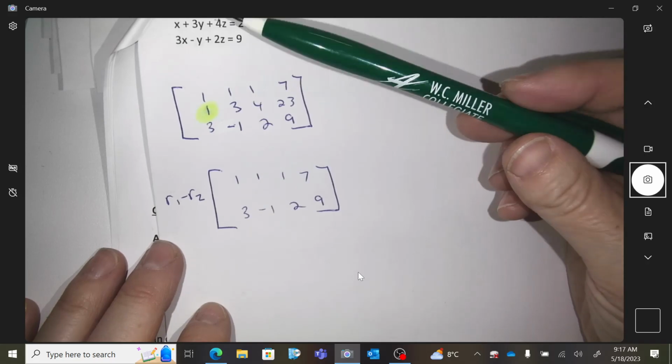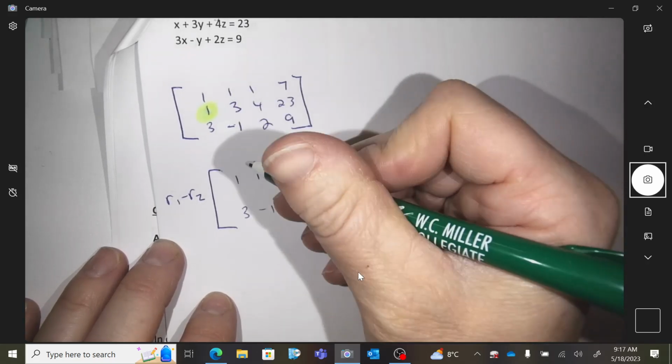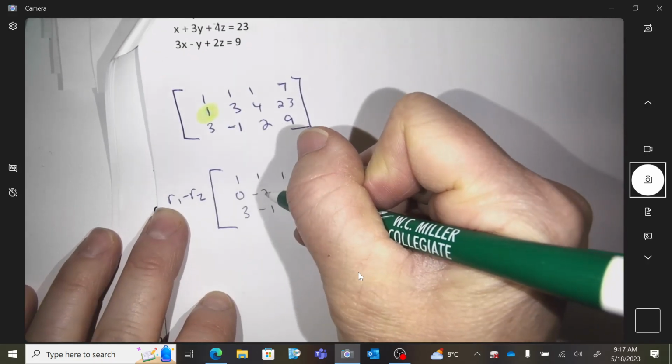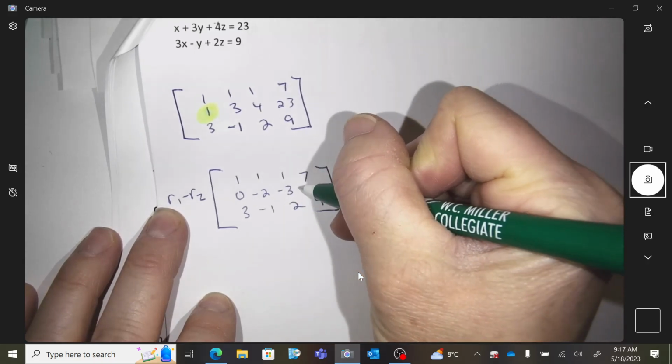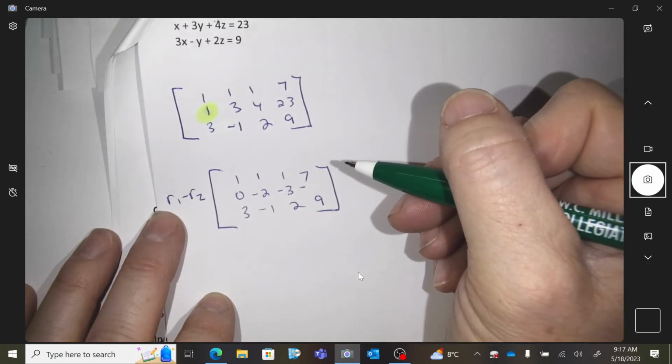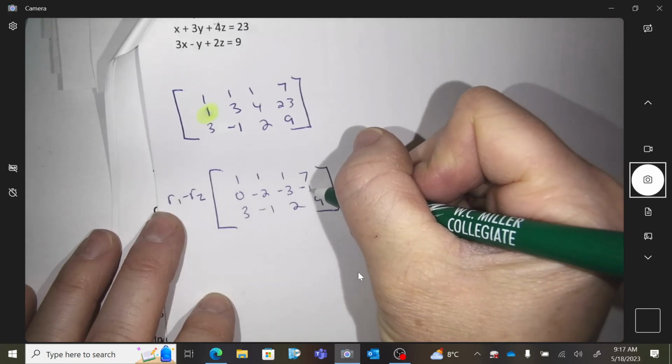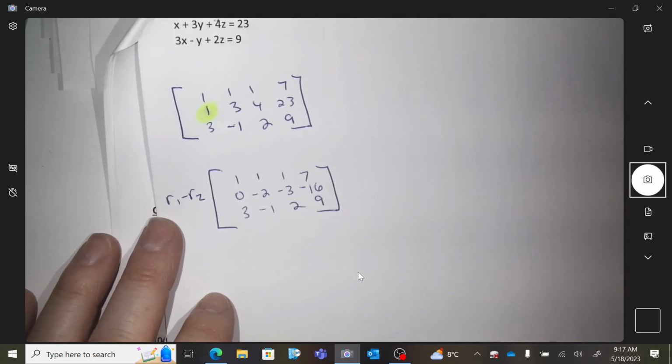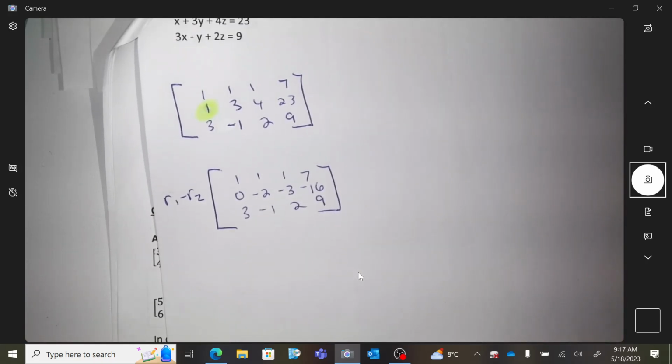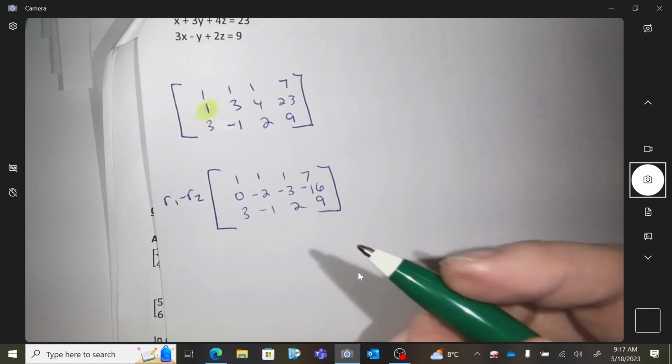Okay, so the top minus the middle line. Okay, our numbers are good. -2, -3, -16.